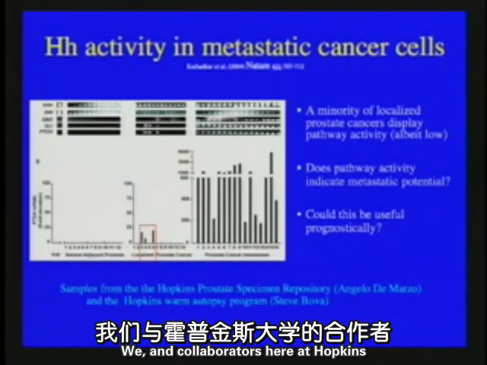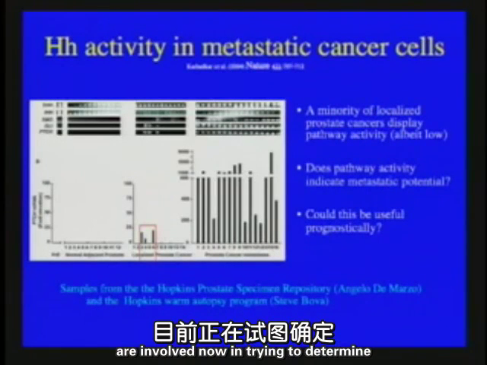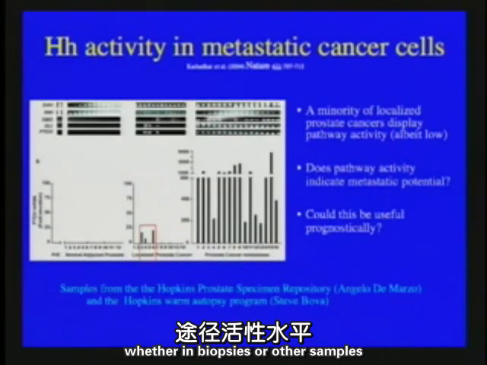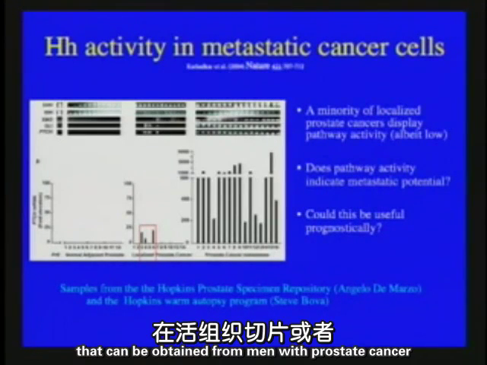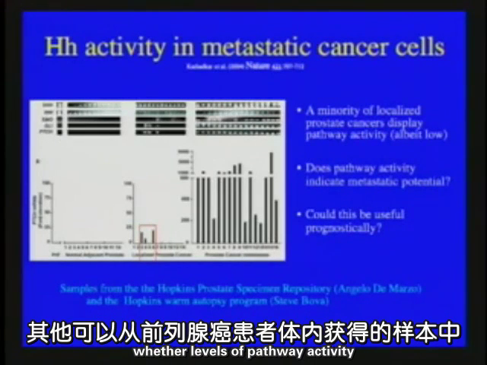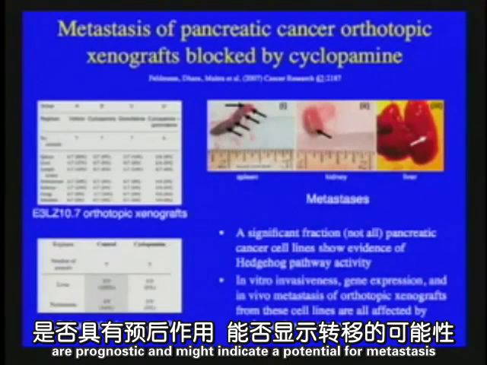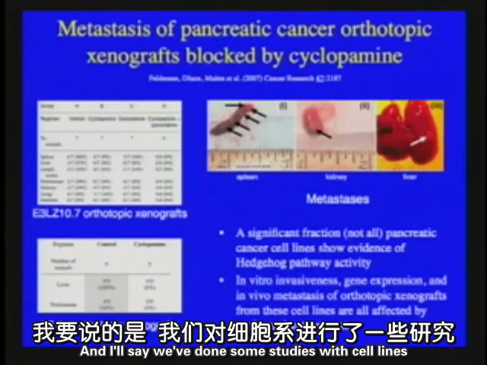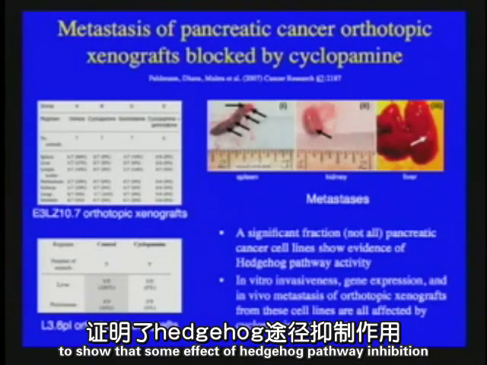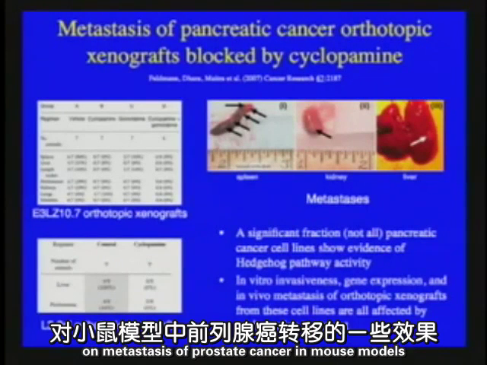We and collaborators here at Stanford and at Hopkins are involved now in trying to determine whether in biopsies or other samples that can be obtained from men with prostate cancer, whether levels of pathway activity are prognostic and might indicate a potential for metastasis. And I should say, we've done some studies with cell lines to show that there is some effect of hedgehog pathway inhibition on metastasis of prostate cancer in mouse models.